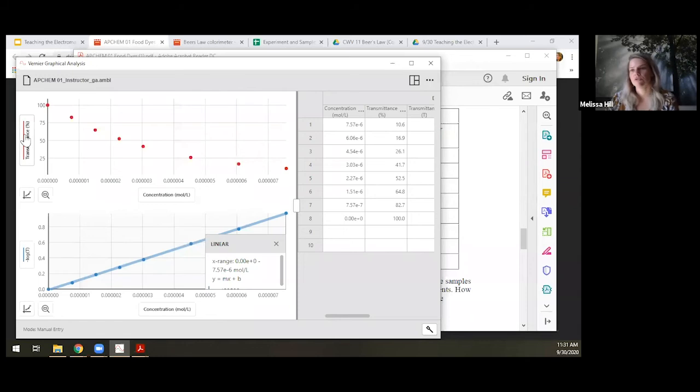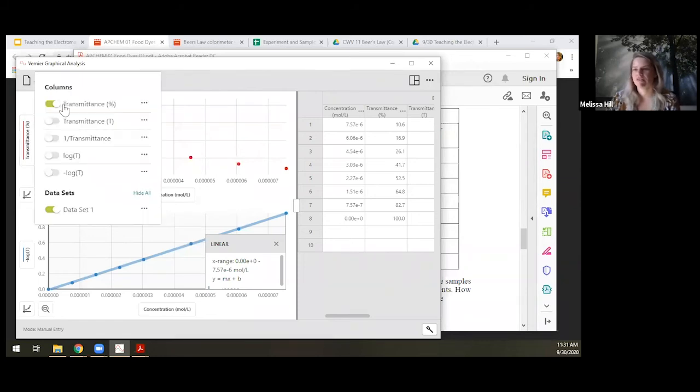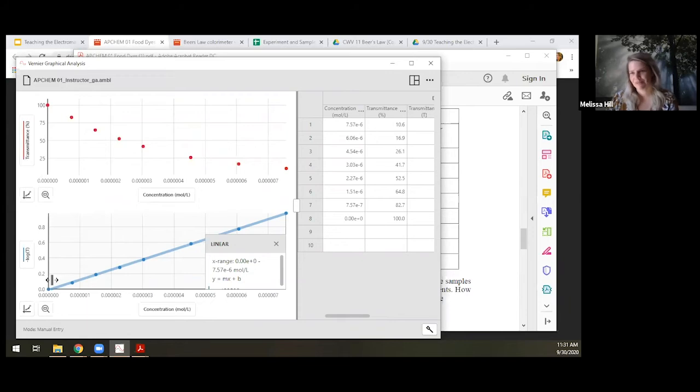Basically they go through and they look at all of the different ways that they have made those calculated columns and see which one gives them a linear response. So hopefully they come to the conclusion that minus the log of the transmittance gives them that linear response. And now they can use this to determine the concentration of blue food dye number 1 in sports drinks.